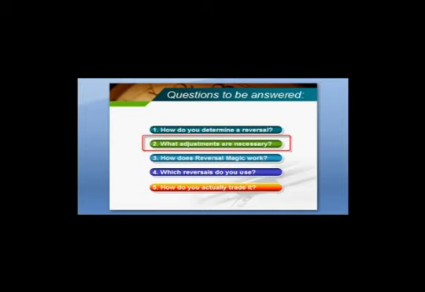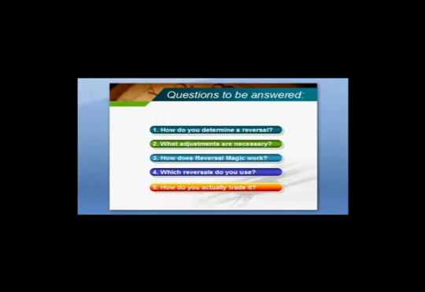When and how do you make them? The third question is, how does reversal magic actually work? How can you better understand it? The fourth question is, which reversals do you use? Which do you avoid? What stands out as most significant? And how do you determine it? And finally, how do you actually trade reversal magic in order to make a profit?